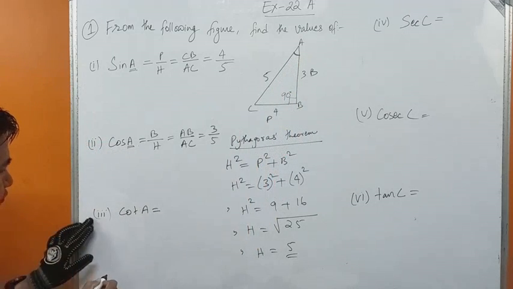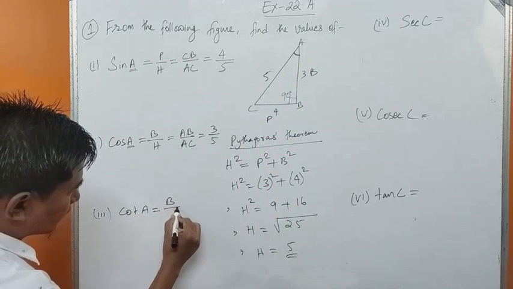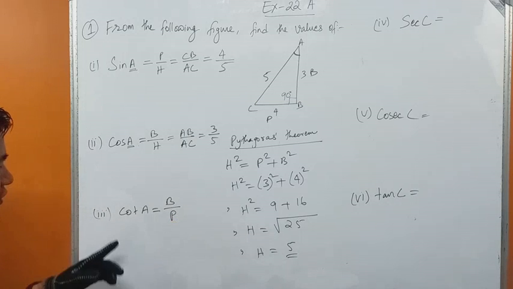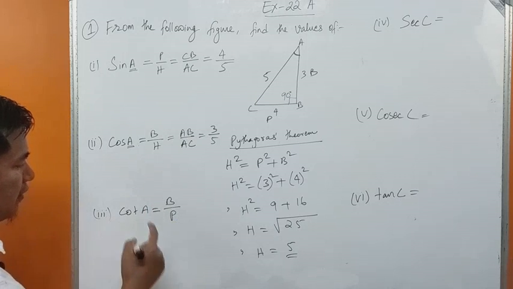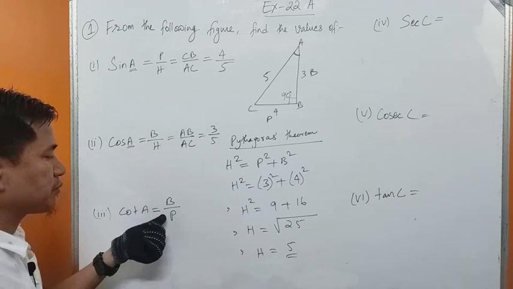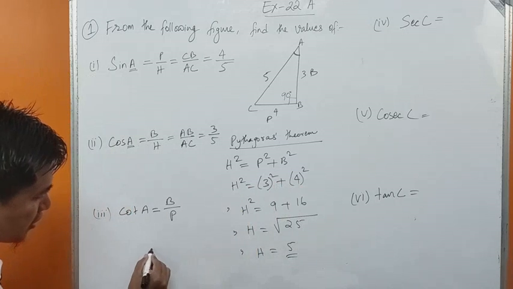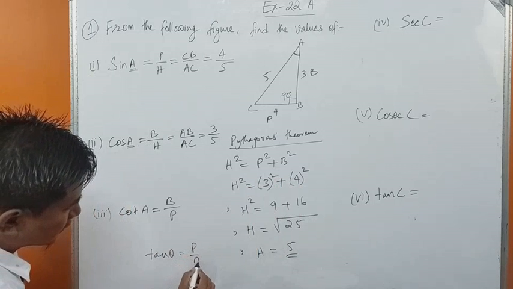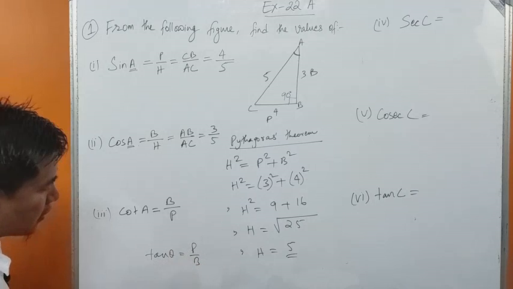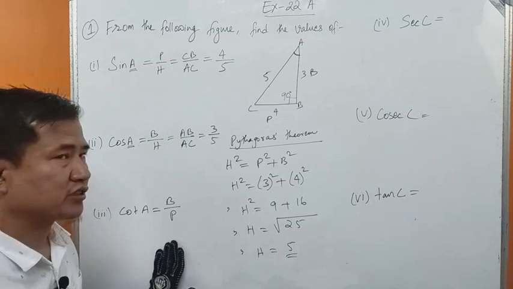Now cot A. Cot theta equals base upon perpendicular. Either you can remember tan theta as turns permanently black, so cot theta must be B upon P, just the opposite of tan theta.